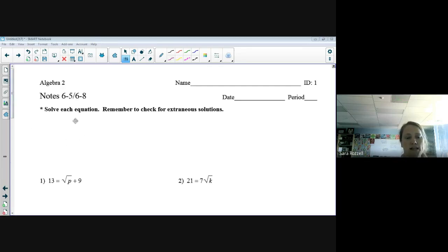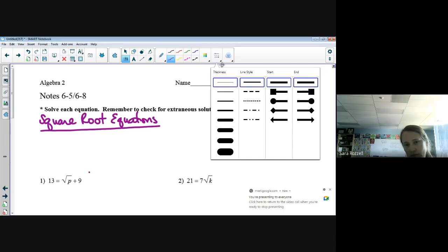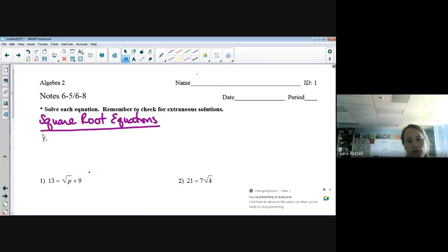Okay? All right, so when we are solving equations that have square roots in them, we have a couple steps to do. So this is for our square root equations, or any kind of root equations, actually. It could be a cubed root as well. The first thing that you want to do is get the root by itself.